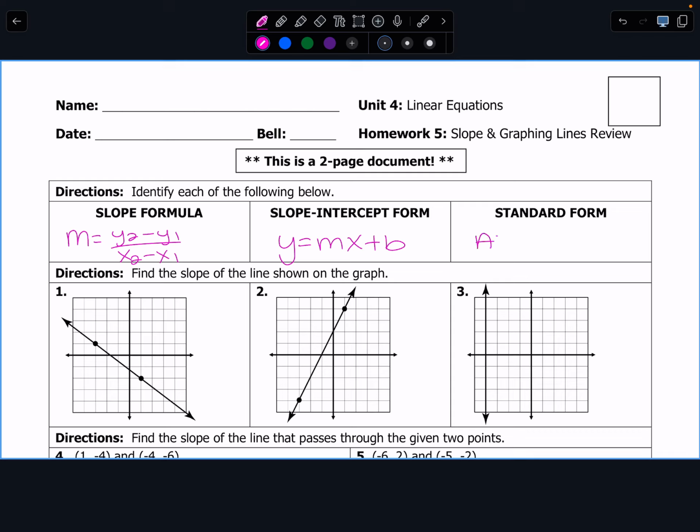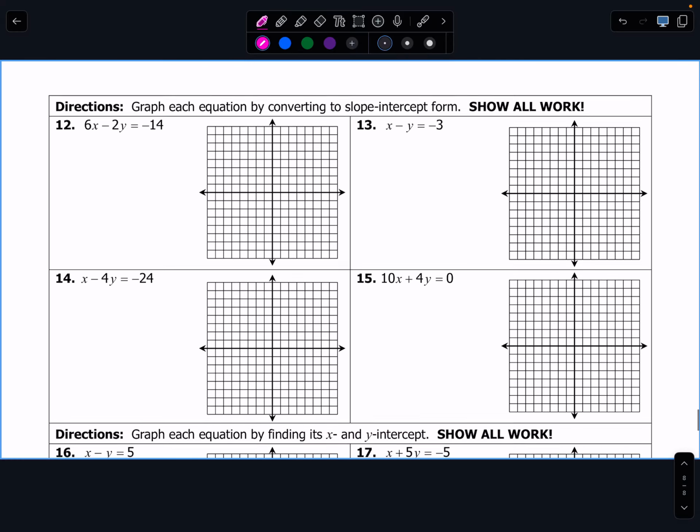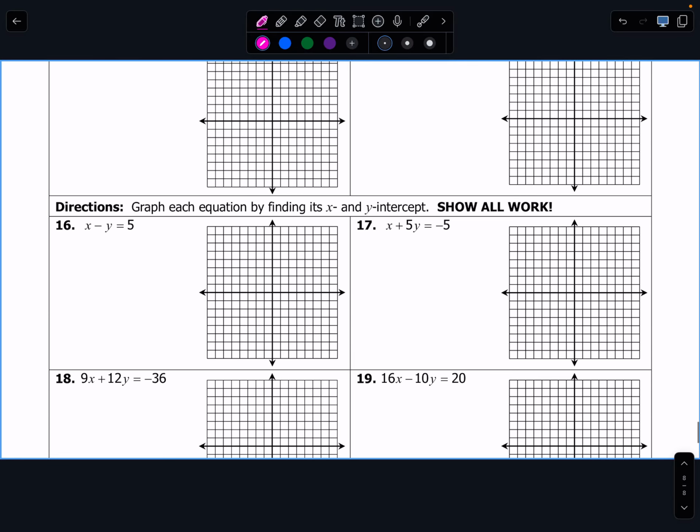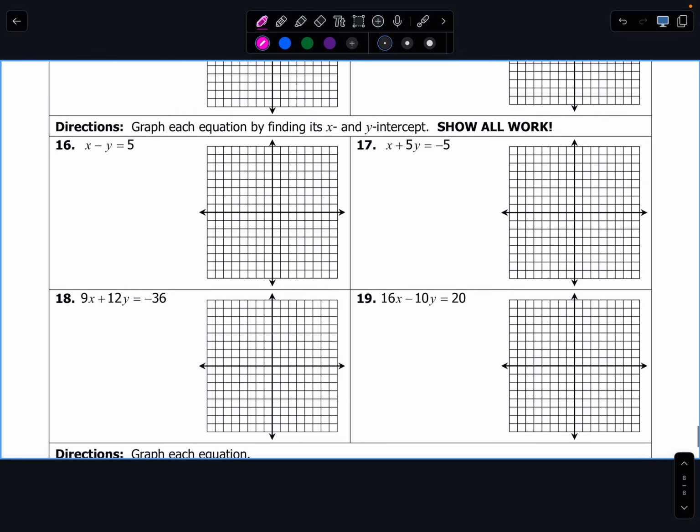Your standard form is ax plus by is equal to c. Okay, I want to look at, for a moment, something like, I'm going to do 16 because I'm making you guys do the odd numbered ones. Okay, actually I lied, I'm going to do 18.